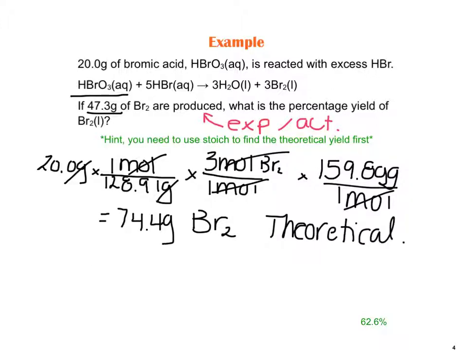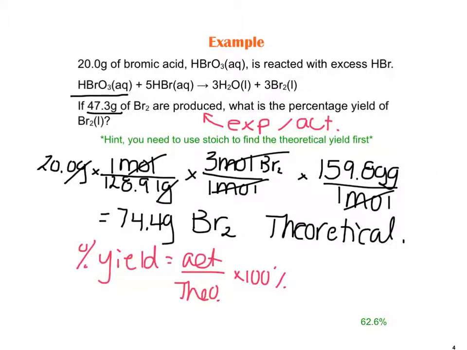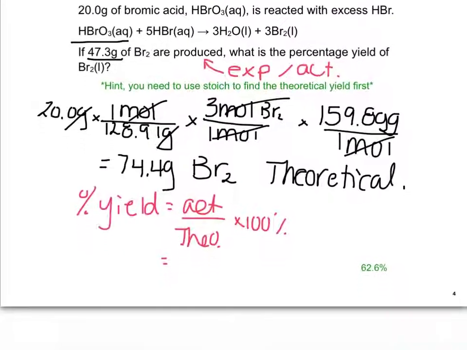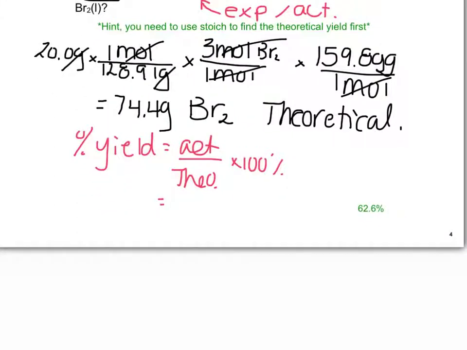Okay, so using percent yield, it's equal to our actual all over our theoretical times 100%. We should get, oopsie, what was that initial value? 47.3 grams divided by our predicted of 74.4 times 100%.